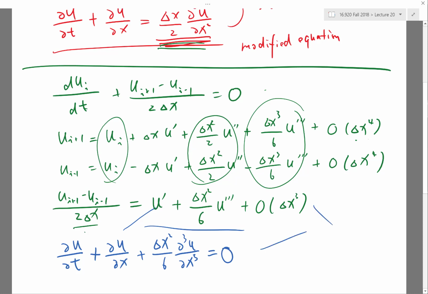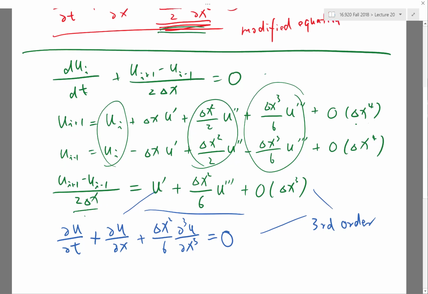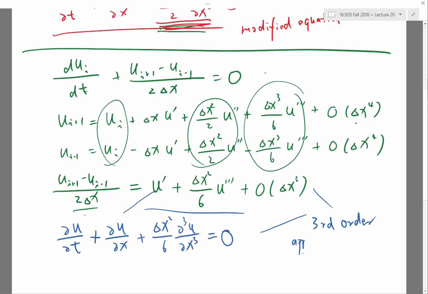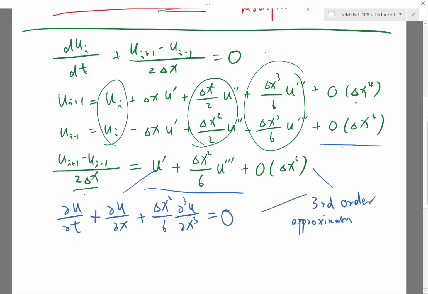So this is actually at least a third order approximation to this equation. I think it actually turns out to be a fourth order approximation, because if you expand the delta x to the fourth term, it is also going to cancel out because of the symmetry. Anyway, let me just say it's a fourth order approximation to this equation.